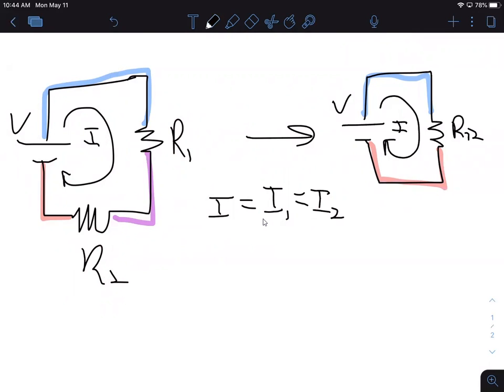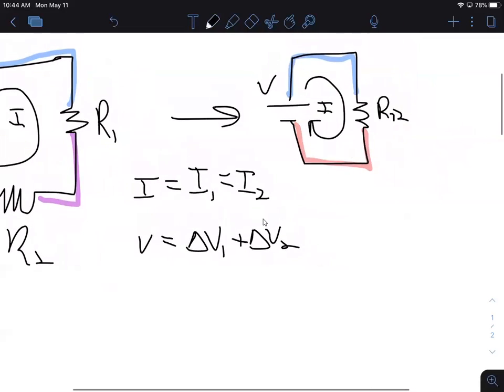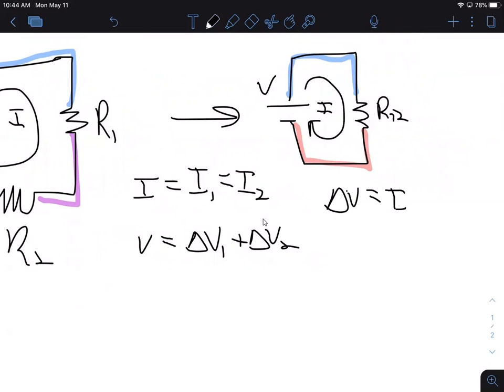My second rule is that energy needs to be conserved. Whatever the battery is adding, these two resistors together need to take away. And then I have Ohm's law, which tells me delta V equals IR. So delta V1 would be I1R1.